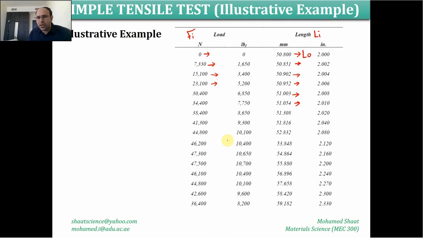These are the forces in the metric system, and these are the corresponding length values if we are working with the metric unit system. But if we are working with the American unit system, the force should be in lbf, which is pound force, which is already given by these values, and these are the corresponding values of the lengths in terms of inches if we decided to work with the American unit system.